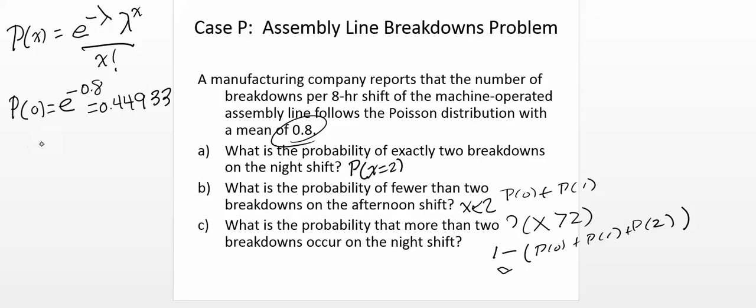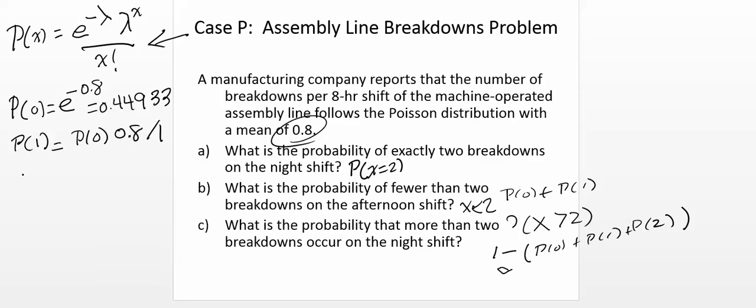Next, we have either the recursion formula or a reapplication of this equation with x equals 1. They're both about the same amount of work. The recursion formula is a little more systematic at this point, so I'll just use that. We can get the probability at x equals 1 from the probability at x equals 0 times lambda, which is 0.8, divided by 1.